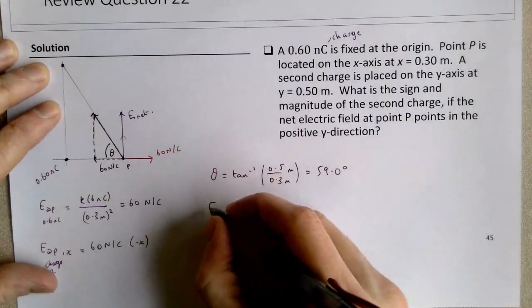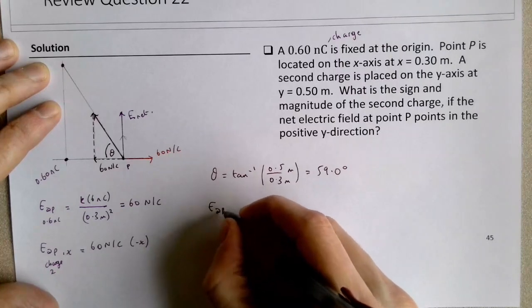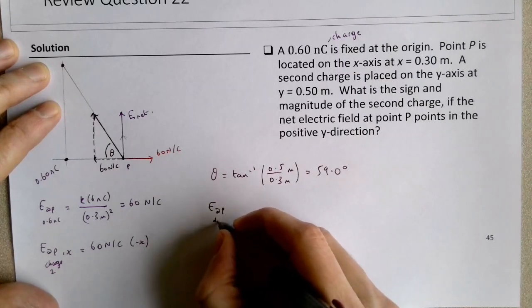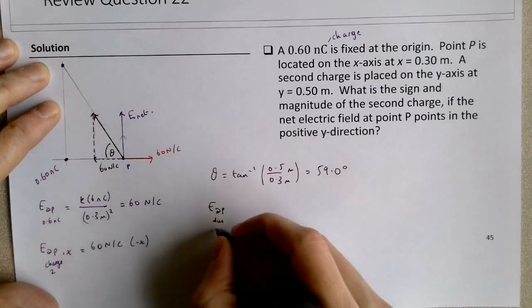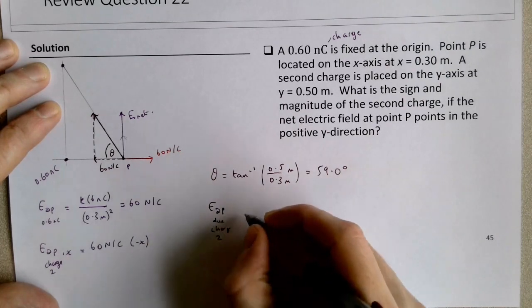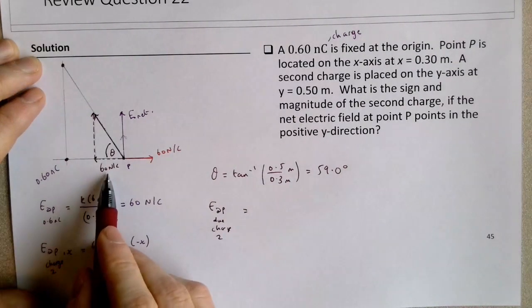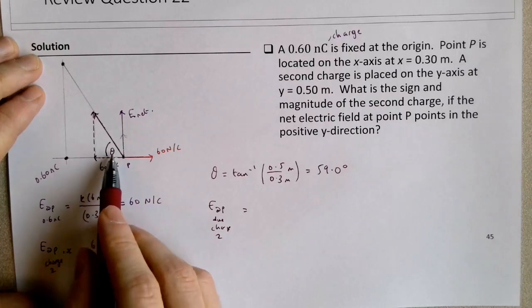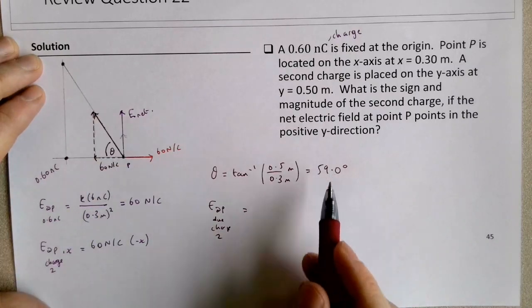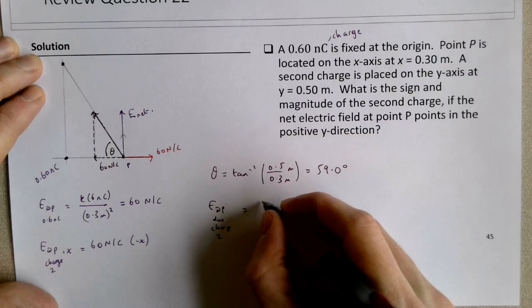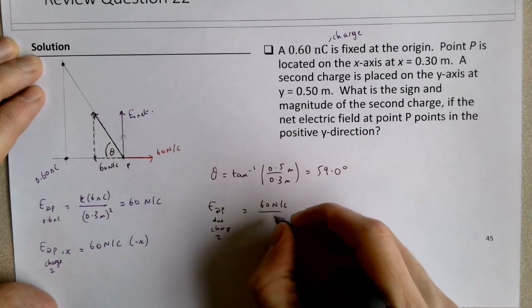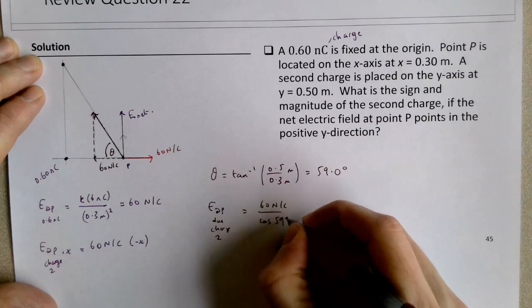So the E at P due to charge 2 will be 60 newtons per coulomb divided by the cosine of 59 degrees.